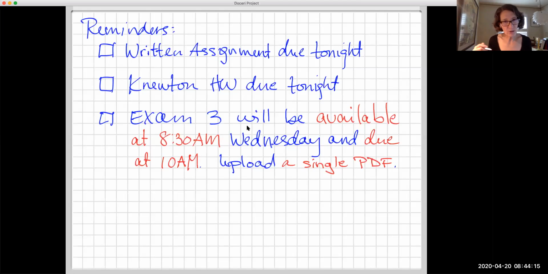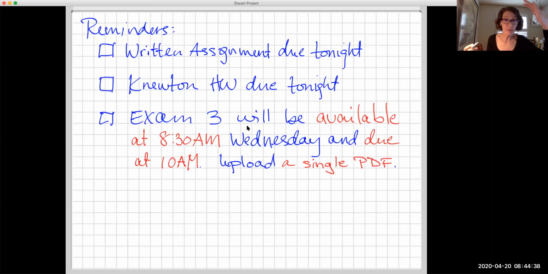If you don't have a printer, of course, you can write the questions. Now, if you have to write them because you don't have a printer, I ask that you write your solutions. You don't have to write the exact question, but do it the same way I've done it on the test.